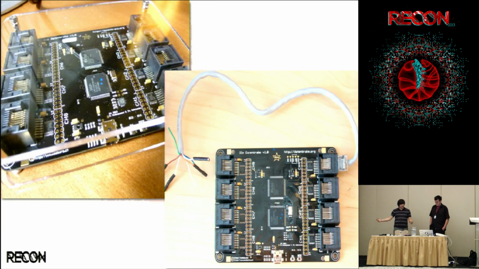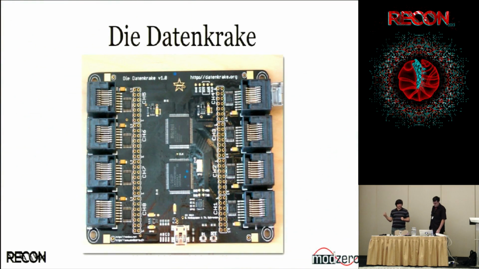The other important thing is, we have 56 general purpose I/O at each of these RJ45 ports that you see on the sides. But just the 56, we have 56 GPIO because we have 8 ports and we have 6 pins that come out over these ports.